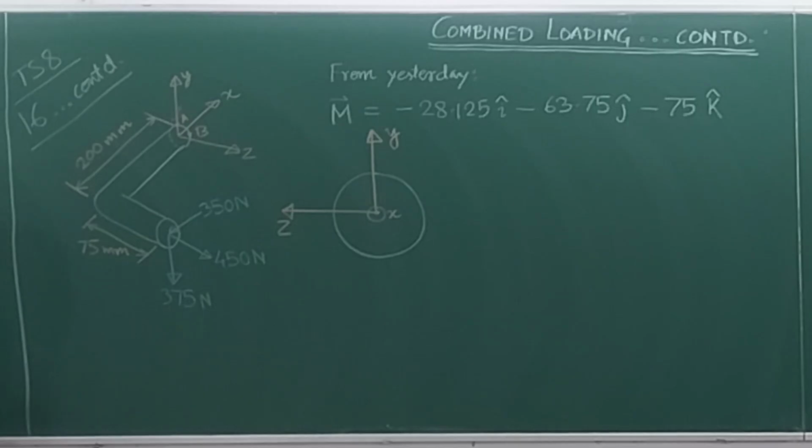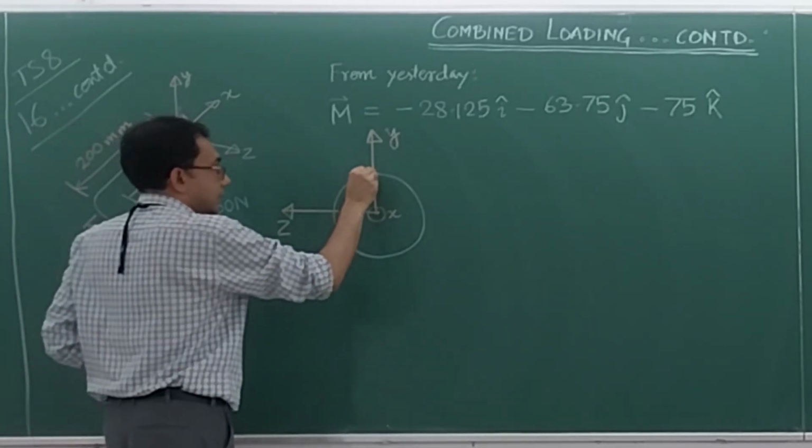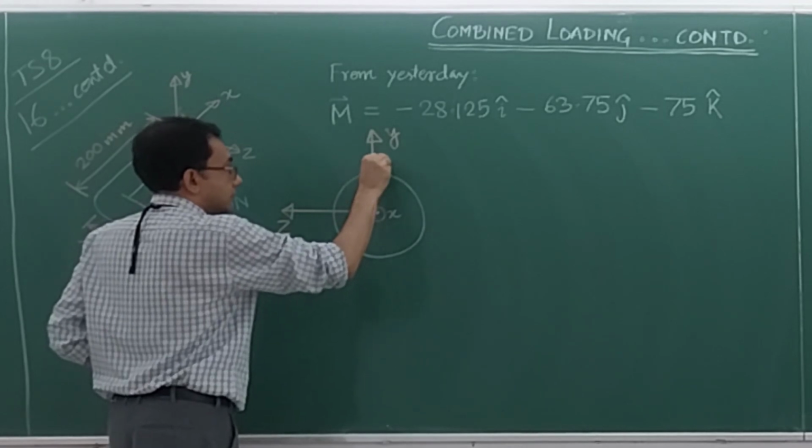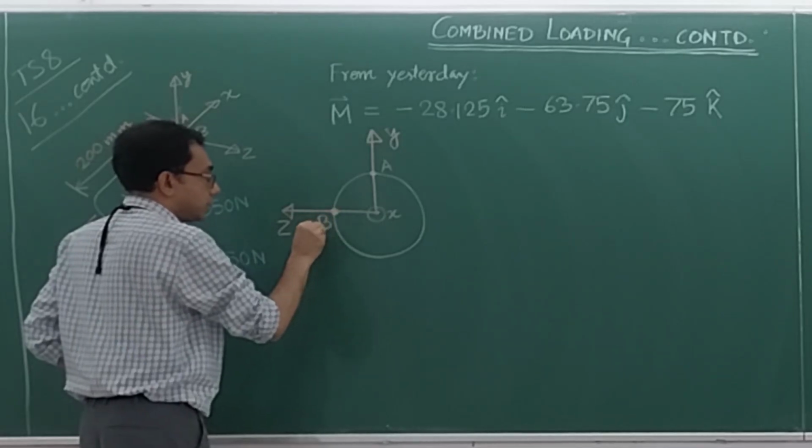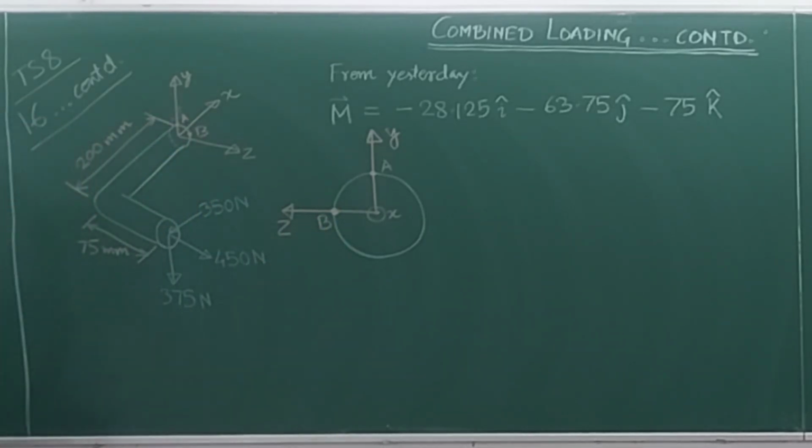All good? Now, identify the point A. This is our point A. And identify the point B. This is our point B. These things should be absolutely clear. Don't make it left, right, all these things. Now, one by one, we'll do the things.